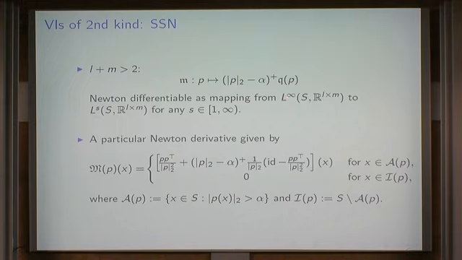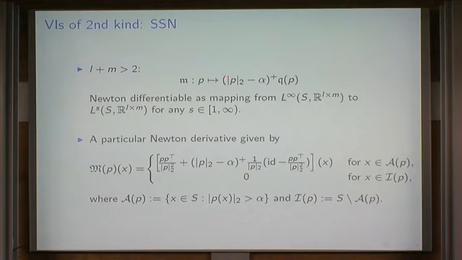So you write down the Newton derivative. It looks complicated, but on the other hand, if you just go to the calculus, you'll see that this is just what you expect. If you differentiate the L2 norm at every point and you bring this in, and consider the fact that alpha is positive, you'll end up with this quantity on the so-called active set, which means where max is just this term inside here.